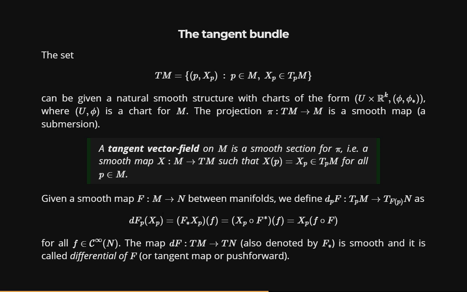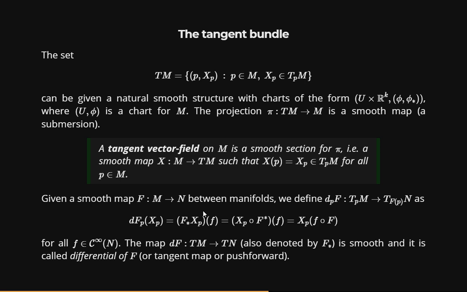So here there should be an f. It's F_* X_p of f, which is X_p of f composed with F. I mean, the definition is the same we gave for phi star.